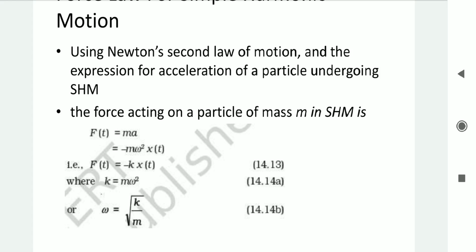If these x square and x cube terms are available, then it gives non-linear oscillators, and it won't remain an SHM. So for SHM, we always focus on a linear harmonic oscillator with single frequency variation.